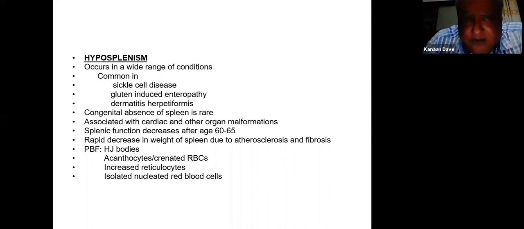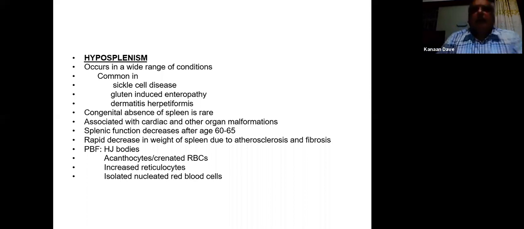Another question from Niharika. When we are trying to define splenomegaly, do we use the weight measure, more than 1 gram, or the length measure, more than 20 centimeters? Now, you can assess the degree of splenomegaly using your clinical acumen and see the extent of the splenic enlargement, whether it's just palpable below the left hypochondrium, whether it's going to the umbilicus, or whether it is going into the right iliac fossa.